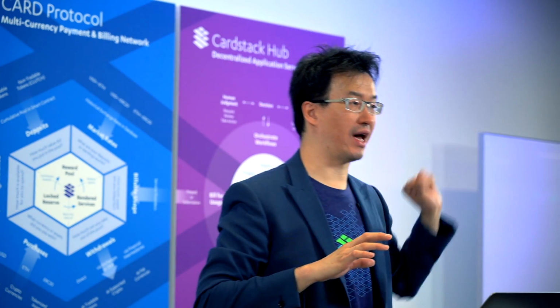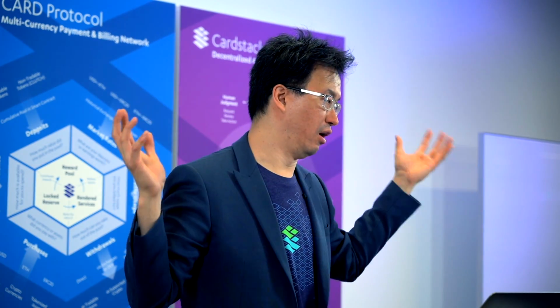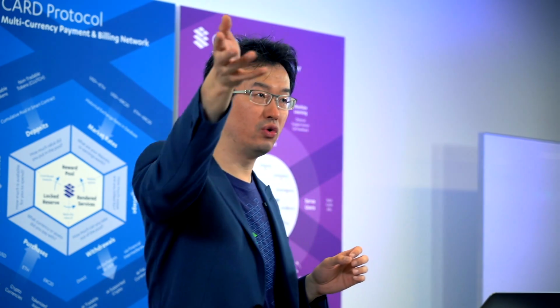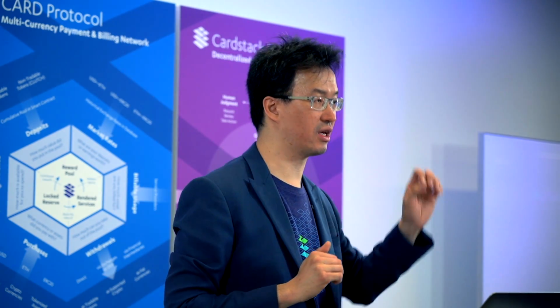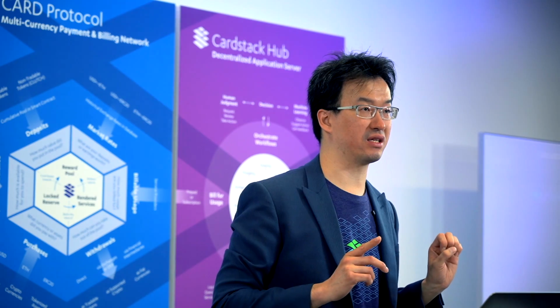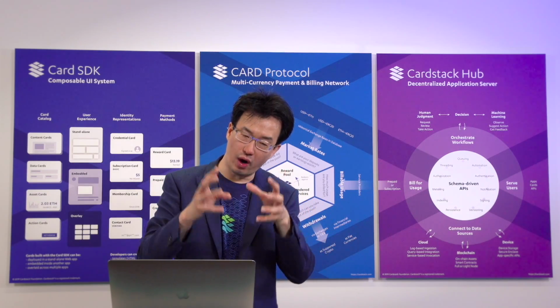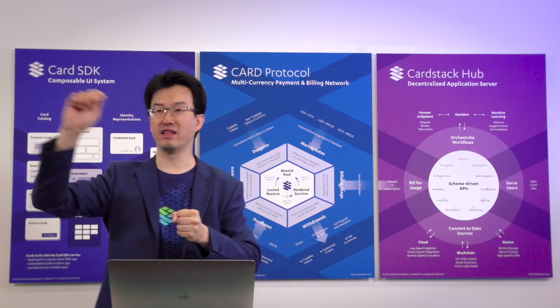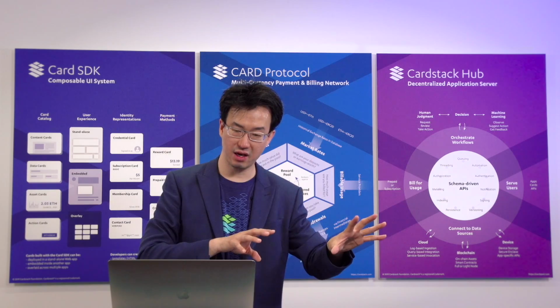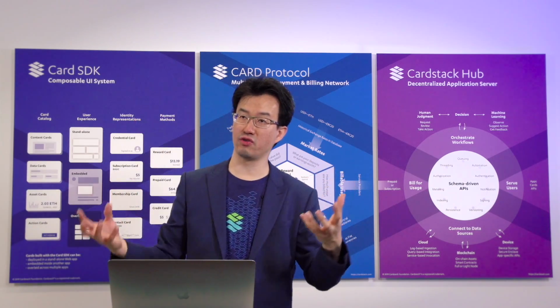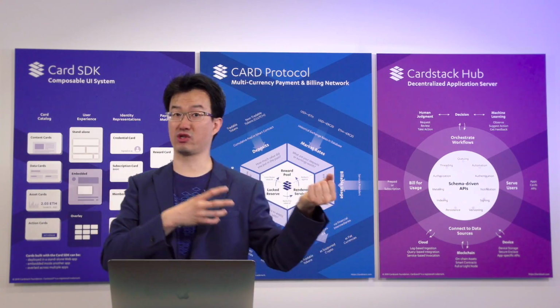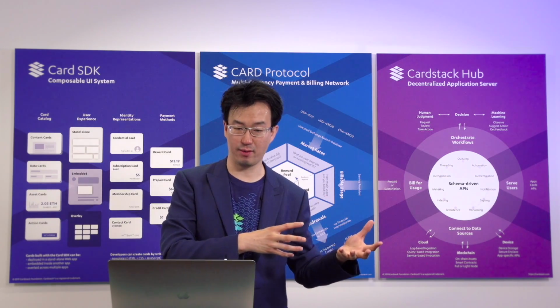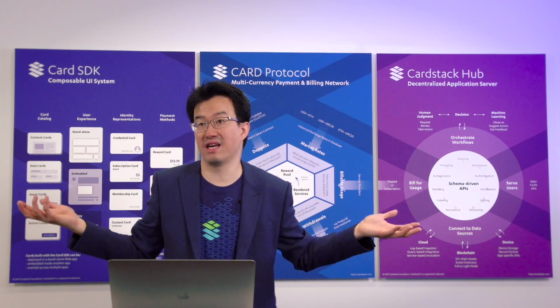I pick you to help me count my sales. I pick you to help me process credit card transactions. I pick you to help me process cryptocurrency transactions. So users do not have to have one card SDK go to only one hub. They can have different hubs and different service providers serving different cards, because a service provider that is very good at dealing with data, especially analytics, may not be the same one that's good at dealing with content management systems.